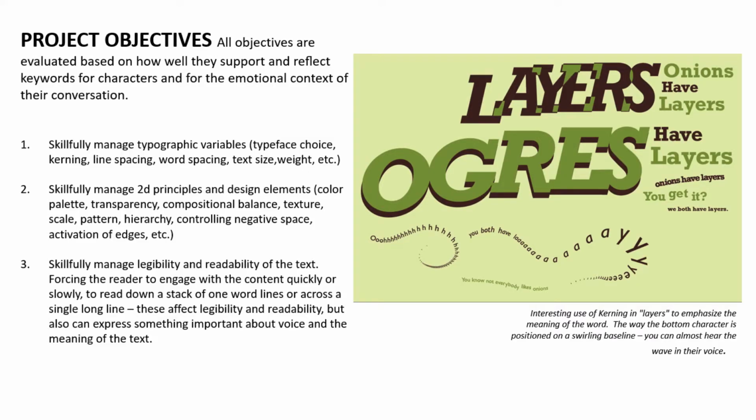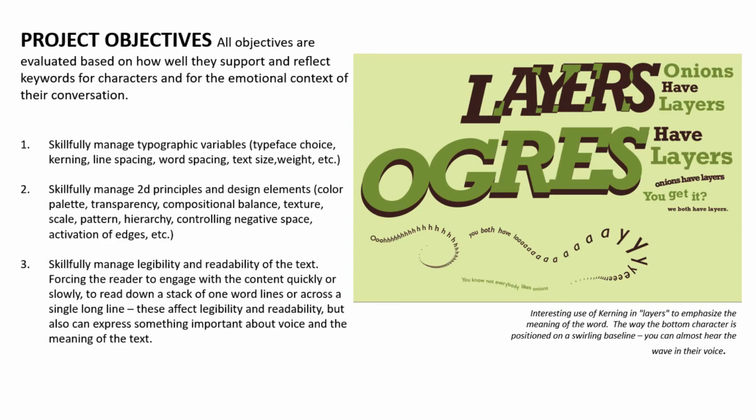So the project objectives. All objectives are evaluated based on how well they support and reflect keywords for characters and the emotional context of the entire conversation. So you're really thinking about the two characters, and then you're thinking about the whole scene as a total, as it is completed.